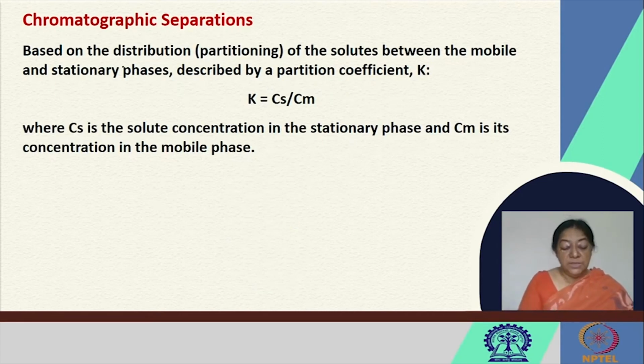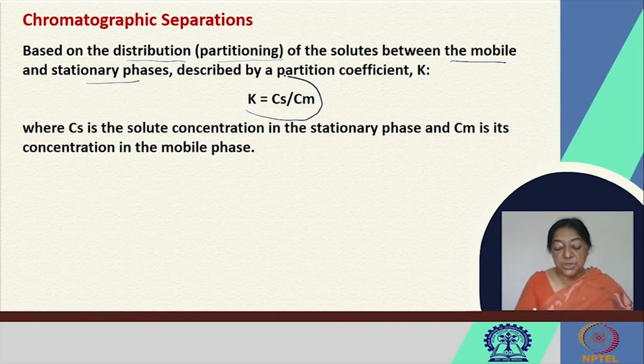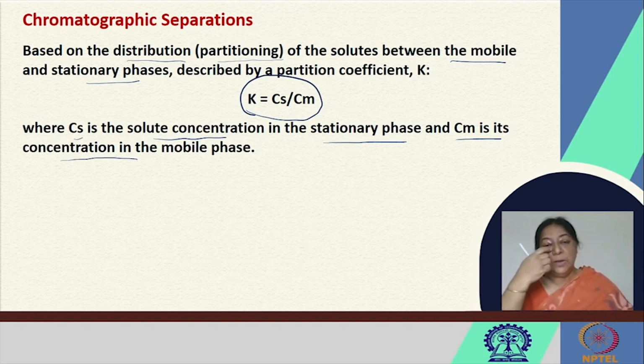For example, the distribution based on partitioning, in general for any chromatographic separation, looks at the mobile phase and a stationary phase that is described by a partition coefficient K, where Cs is the solute concentration in the stationary phase and Cm is its concentration in the mobile phase. So as it moves along the column, a separation method is exploited to isolate our protein of interest.